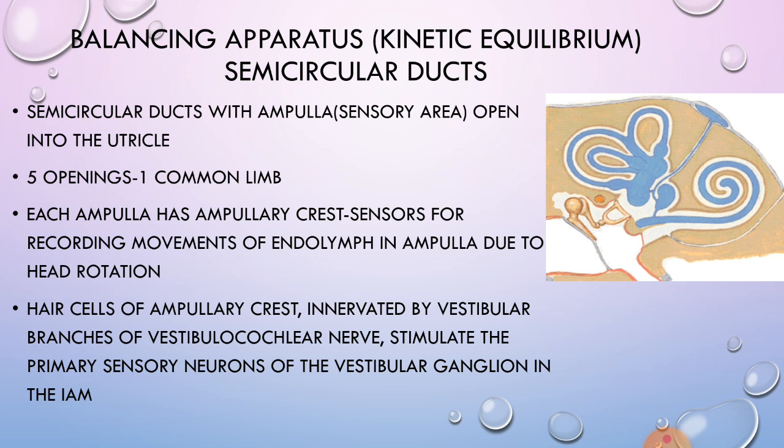Each ampulla has an ampullary crest, sensors for recording movement of endolymph in the ampulla due to head rotation. Hair cells of the ampullary crest innervated by vestibular branches of the vestibulocochlear nerve stimulate the primary sensory neurons of the vestibular ganglion in the internal acoustic meatus.